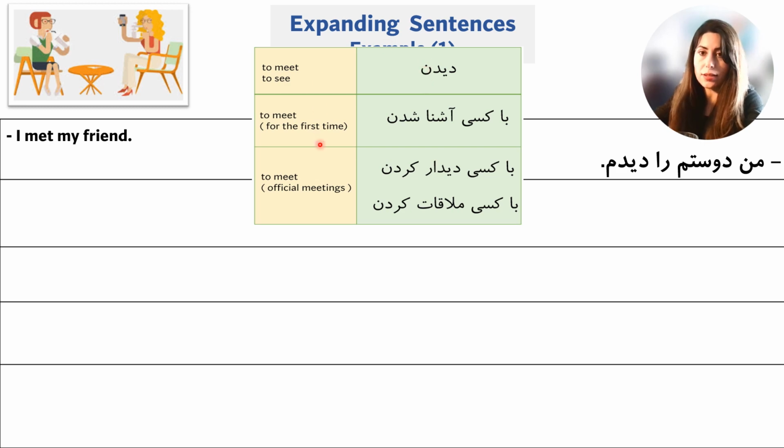If you are meeting someone for the first time, or you have met someone for the first time in the past, then we use آشنا شدن. If you are meeting someone for a more official meeting, for example your boss, your lawyer, just someone a little bit more official, then we use دیدار کردن or ملاقات کردن. So for this sentence, it's better to use دیدن.